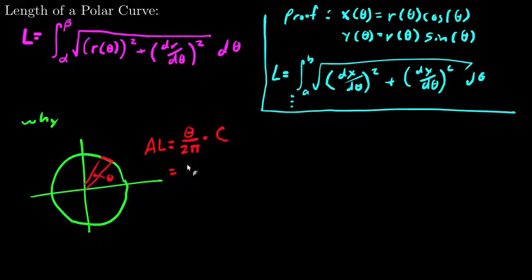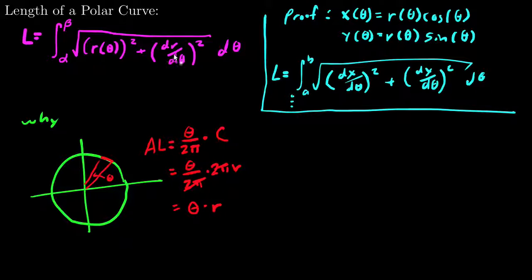The circumference is 2 pi r, so theta over 2 pi multiplied by 2 pi r, the 2 pi's cancel, and we get theta times r. If dr d theta is 0, then the square root of r squared is just the absolute value of r, and we have r times d theta when I make this exceptionally small.